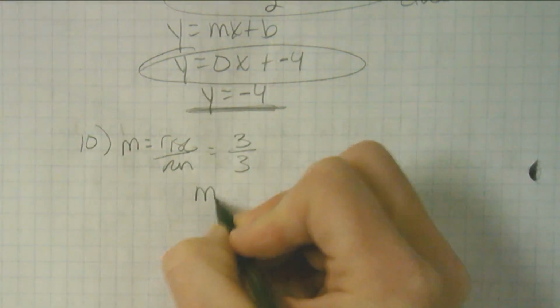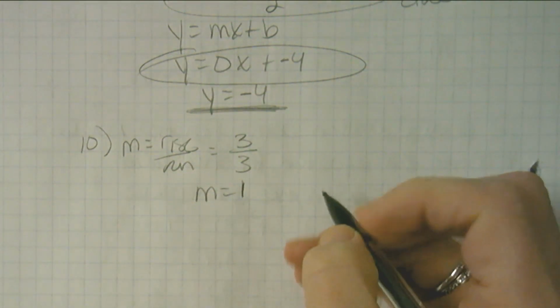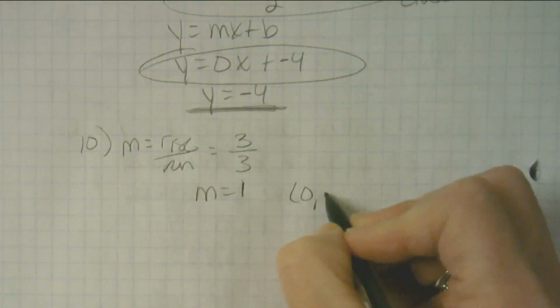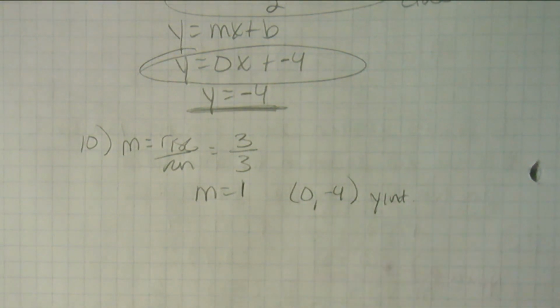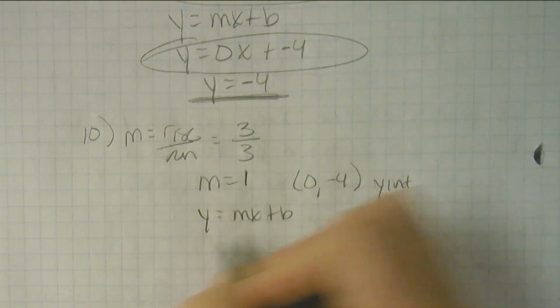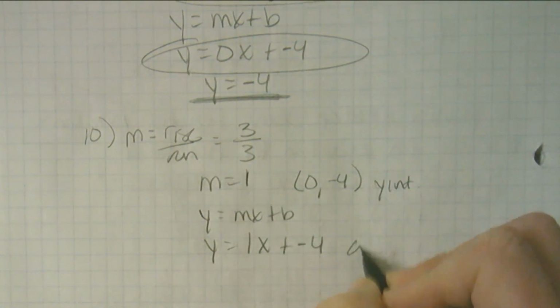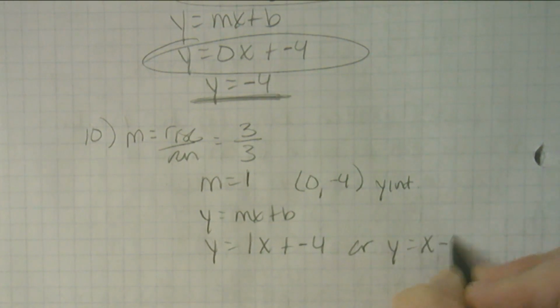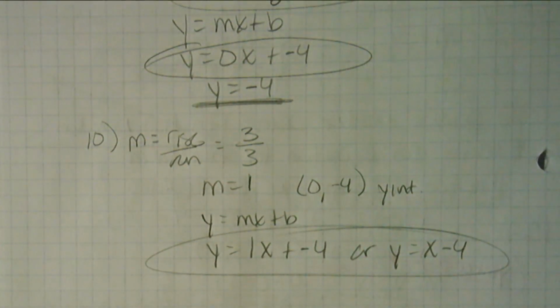So my slope is 1. Then they gave us the point (0, -4). Well, that's our y-intercept. So I have y equals mx plus b, so y equals 1x plus a negative 4, or y equals x minus 4. Those are the same thing. Does that help you? Awesome. What else can I do for you guys?